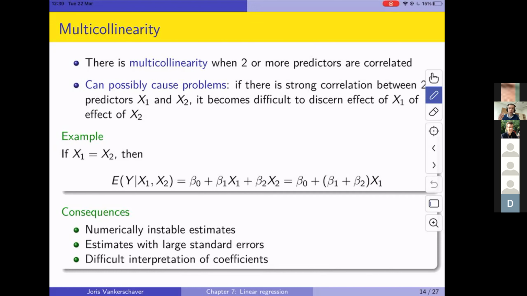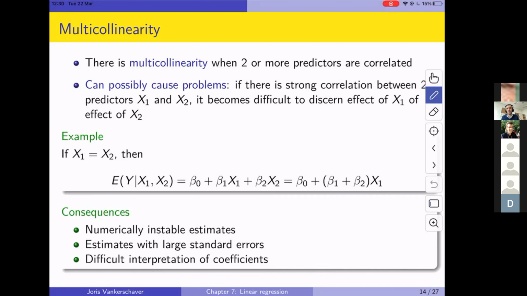Well, if we have strong correlation between some of the predictors, then it becomes hard to estimate the coefficients of the model. It becomes hard to separate the effect of one predictor versus the other.